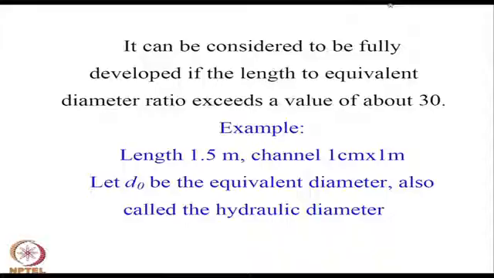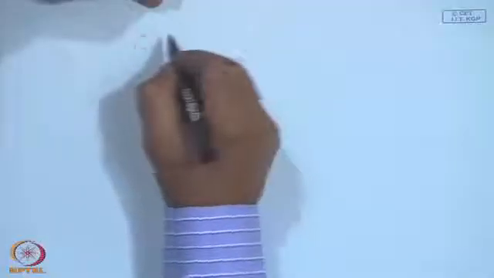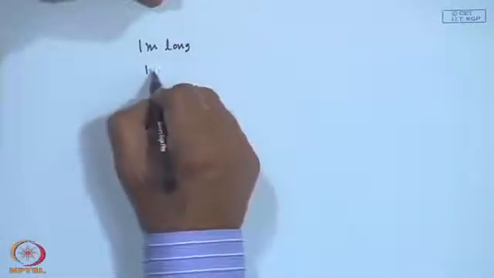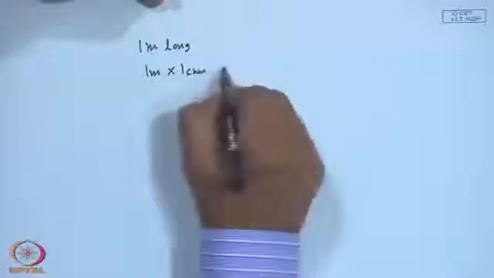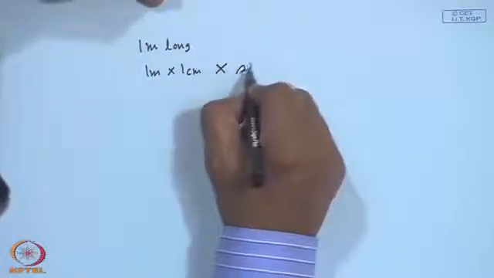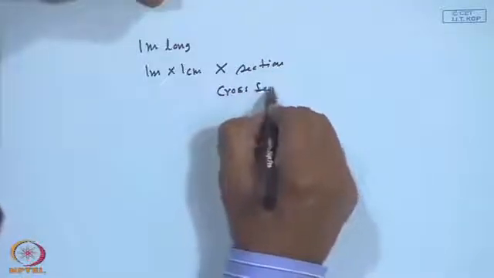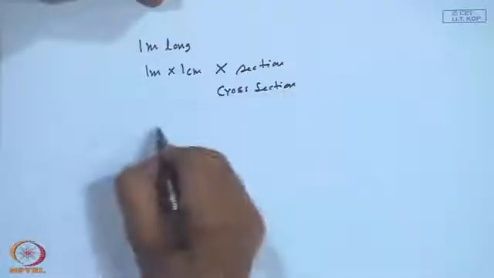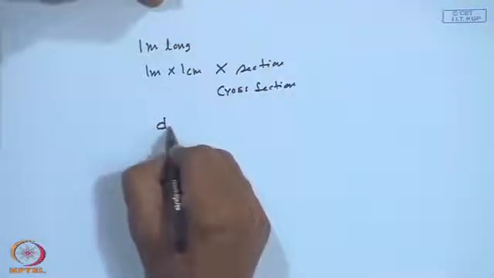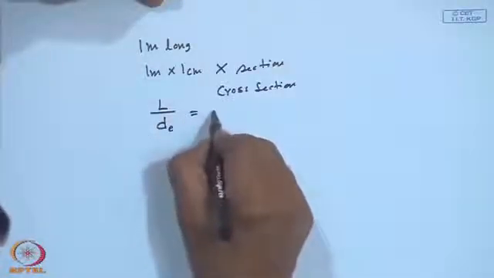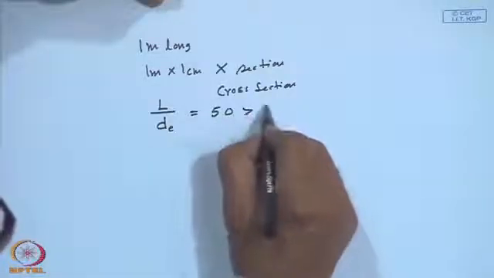We found for a case of, let us say, 1 meter long by 1 meter by 1 centimeter cross section. This is the cross section. L by d E turned out to be about 50, which satisfies greater than 30 for fully developed condition.